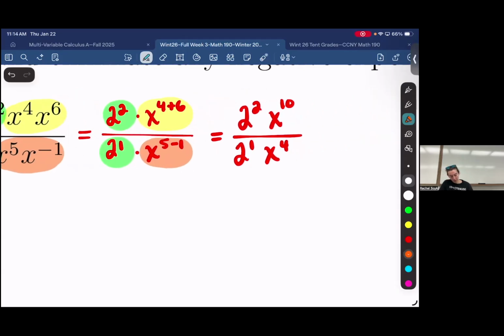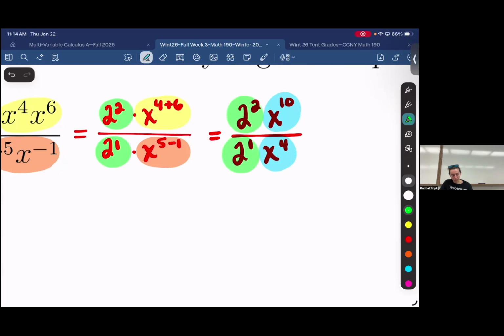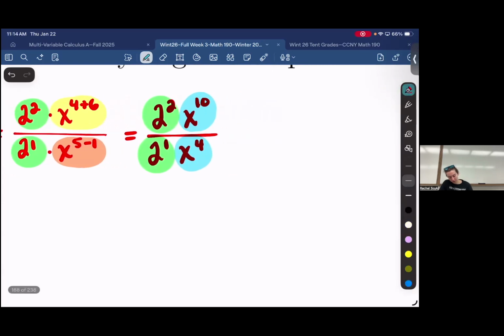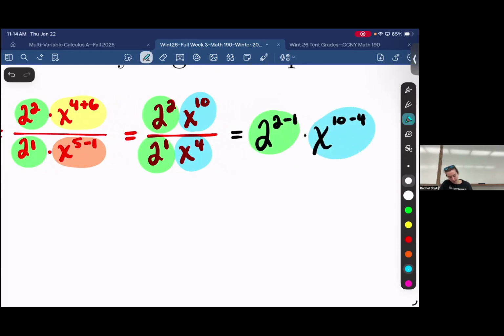So now, when we divide numbers that have the same base, what are we doing? We're subtracting. So this is the same as 2 to the 2nd minus 1, and x to the 10 minus 4. Which means our final result is just going to be 2.